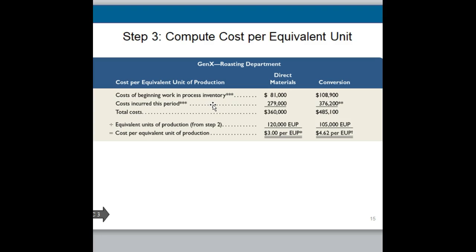Costs incurred this period for what we started were 279,000 and 372,200. Add those together. So in direct materials, I had 360,000, and in conversion, I had 485,100. Now I'm going to divide that by the number of equivalent units of production, 120,000 and 105,000. So each unit, material-wise, was $3 per equivalent unit. Each unit, conversion-wise, cost $4.62.